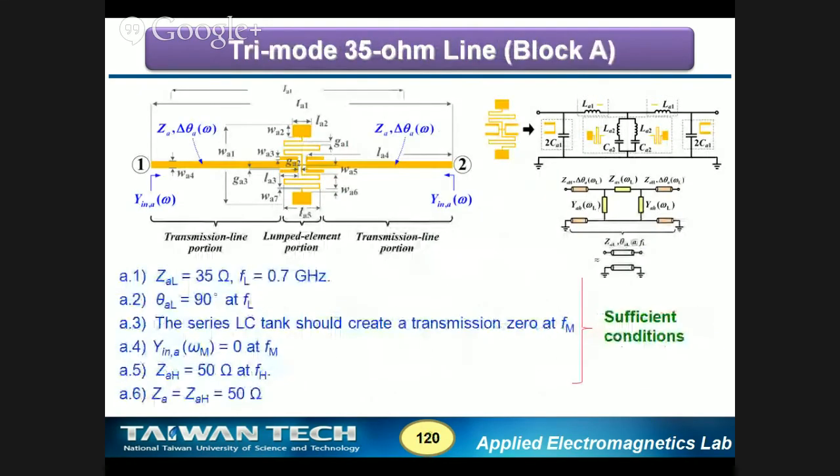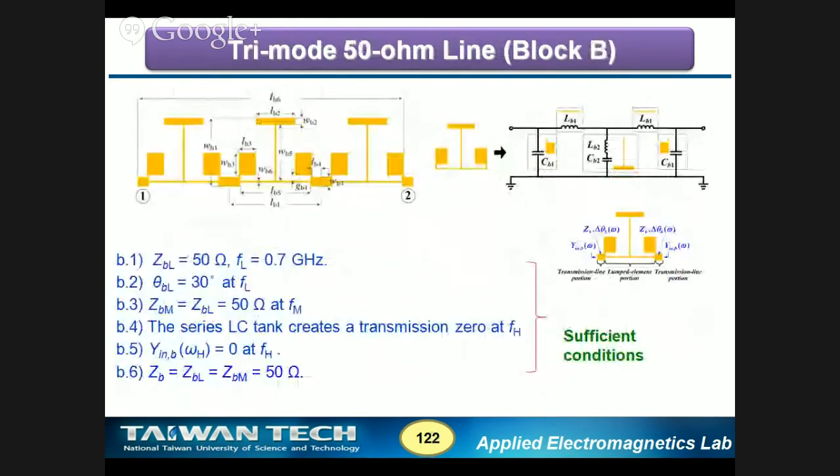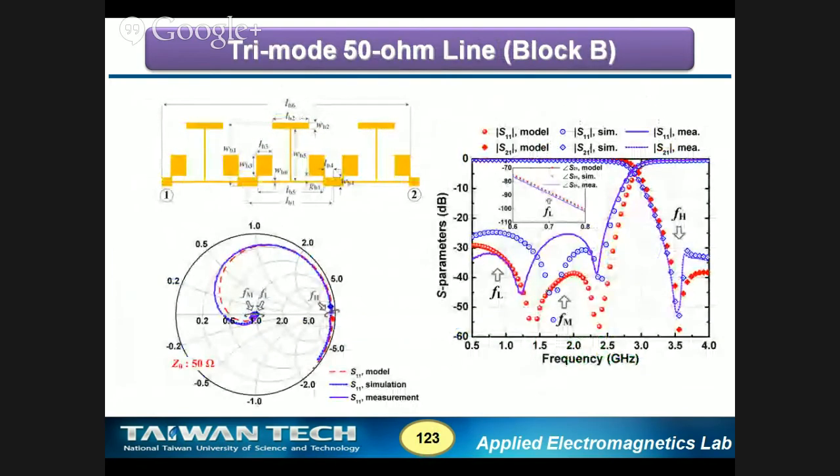So, of course, once again, we have 6 unknowns and 6 equations. We can solve them together and get our results. In the mid band and the low band, they are all 50 ohm, and in the high band, it becomes open circuit. And the phase delay at the low band is exactly 90 degrees.